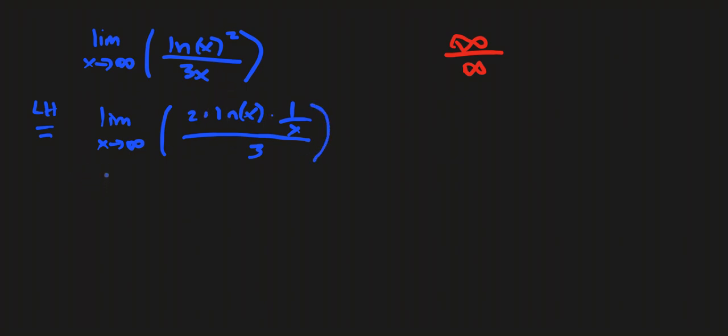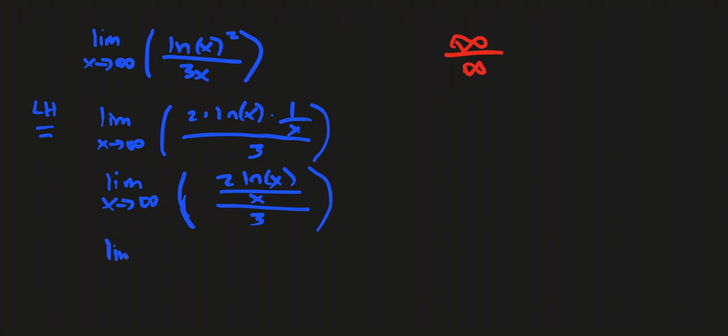So the top part can be rewritten as the limit as x approaches infinity of 2 ln x over x, over 3. There's a lot of division going on here, but we can still rewrite this as the limit as x approaches infinity of 2 times the natural log of x over x times 1 by 3, which is just going to make it 3x.